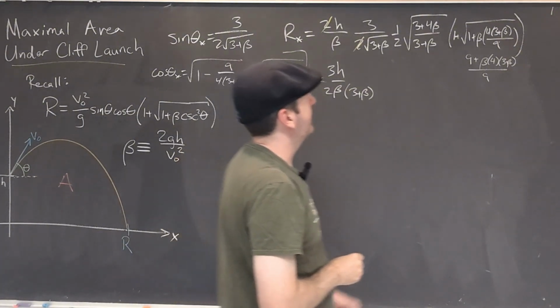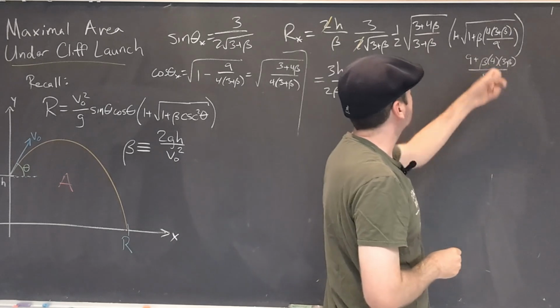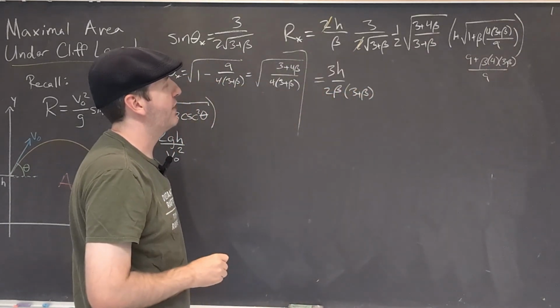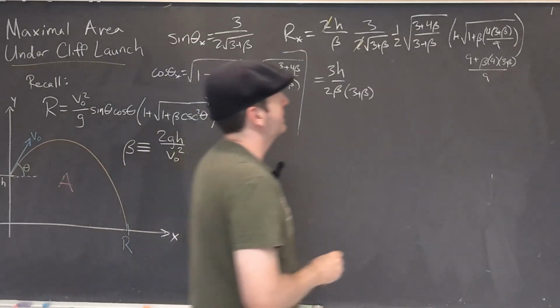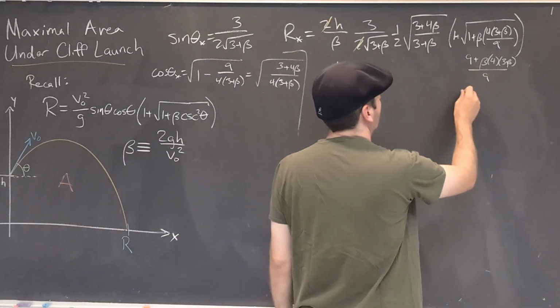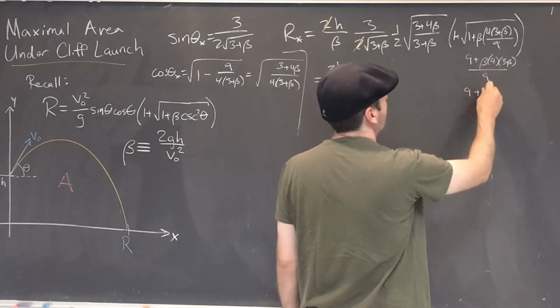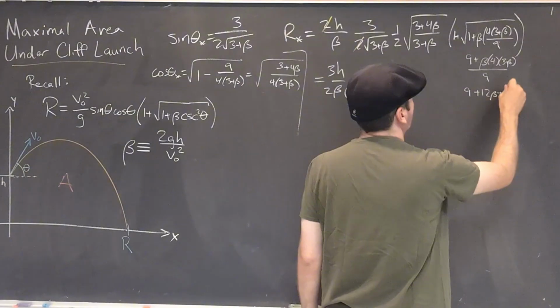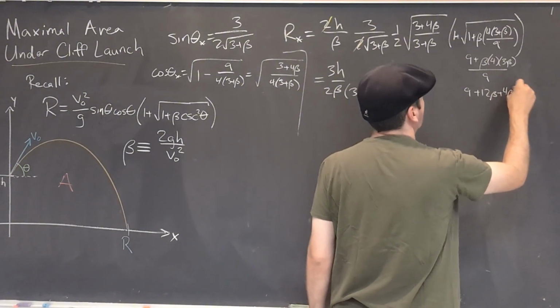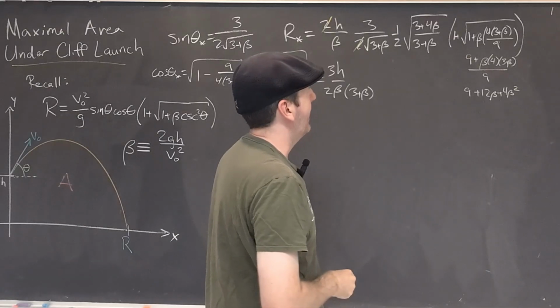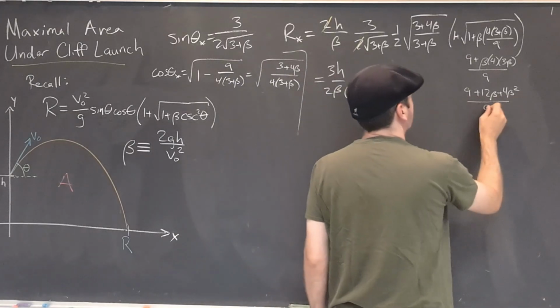And in this particular case, not much we can do about the combination here since I'd end up with a quadratic in beta. But let's do it anyway. So we'll have a 9, we'll have a 12 beta, and a 4 beta squared. And then we've got an over 9.